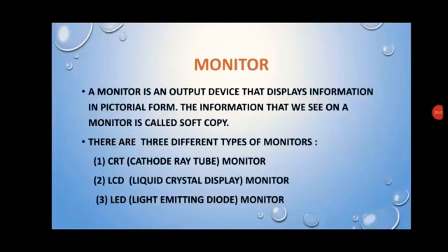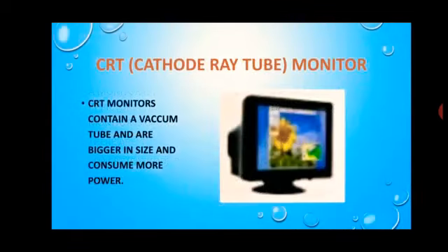Students, we have studied about the computer, hardware and monitor. But now we are going to study about the different types of monitor. That means CRT monitor, LCD monitor and LED monitor. CRT monitor, that means cathode ray tube monitor.